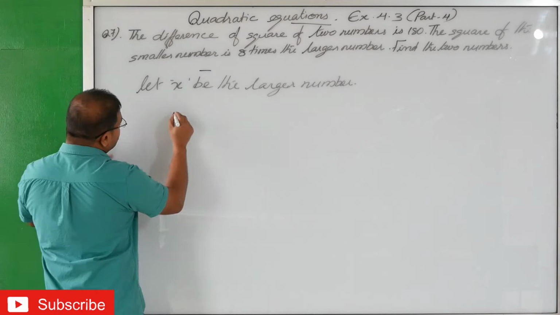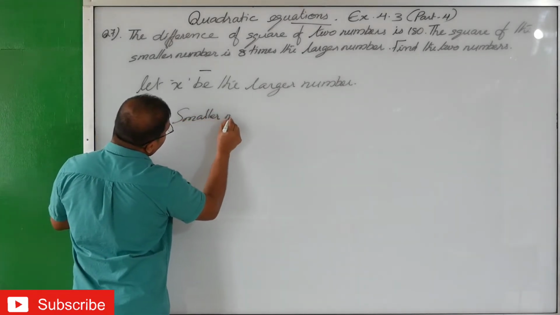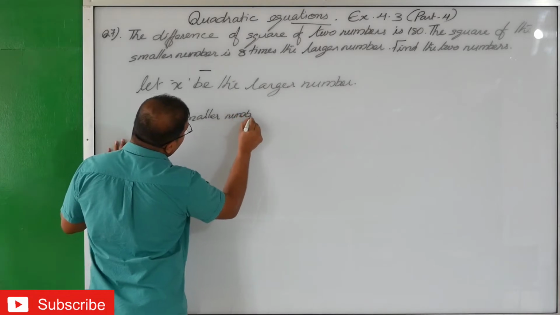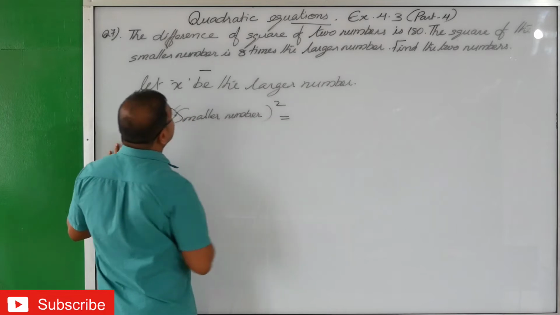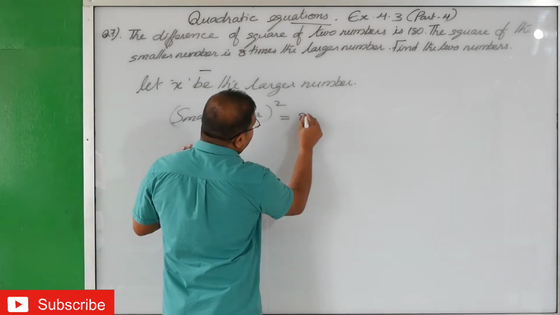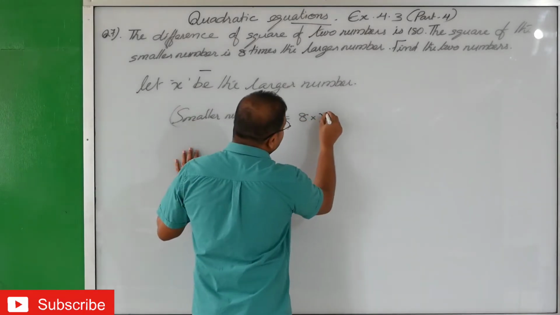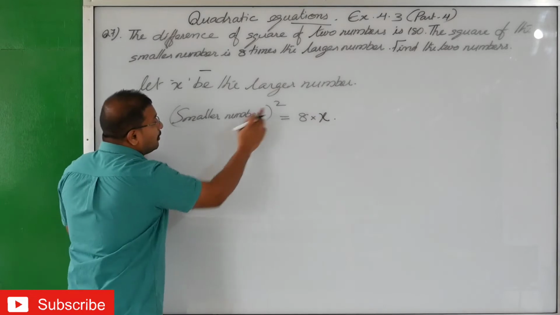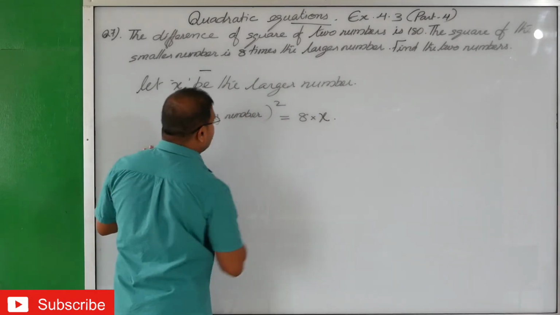So we'll write smaller number square. The square of the smaller number is 8 times the larger number. That means 8 into the larger number is 8x. So smaller number square equals 8 into larger number.